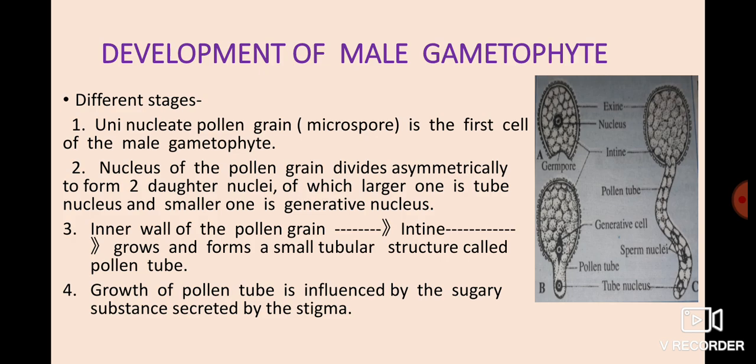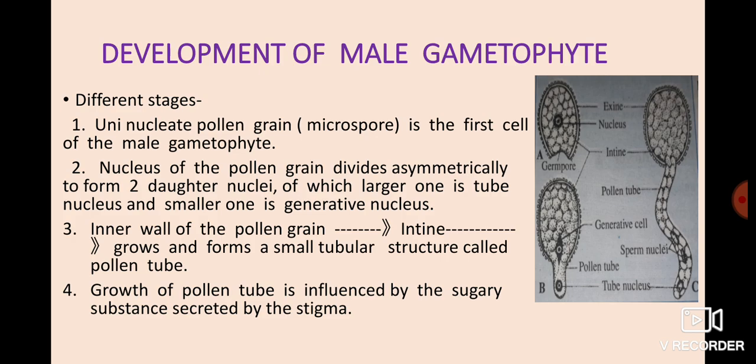These are the terms we are going to use for the uninucleate pollen grains found in the male gametophyte. A microsporocyte, meaning microspore, is present within the sporangia. That sporangia will be microsporangia, which divides by meiosis to produce 4 haploid microspores. This is the basis of the principle.